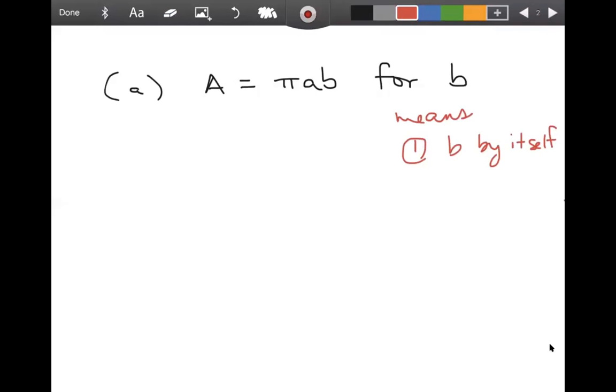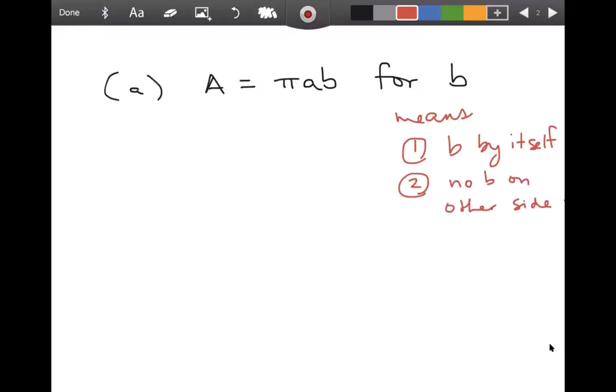But the other part that sometimes people don't think about is that in order for the equation to be solved for B, B cannot appear on the other side of the equation. And that goes for any time you're solving an equation for a specific variable. Whatever the variable is, those two things have to be true.